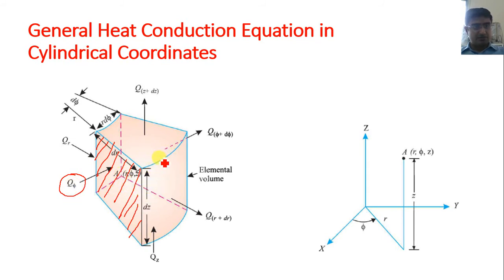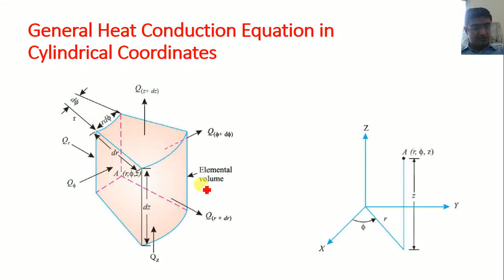And some amount of heat also comes out from the phi direction, which is also shown by the hatched lines. The heat coming out from the phi direction within the d phi thickness, or the r d phi thickness, is known as Q phi plus d phi. So here is the heat inlet and heat outlet in the phi direction.